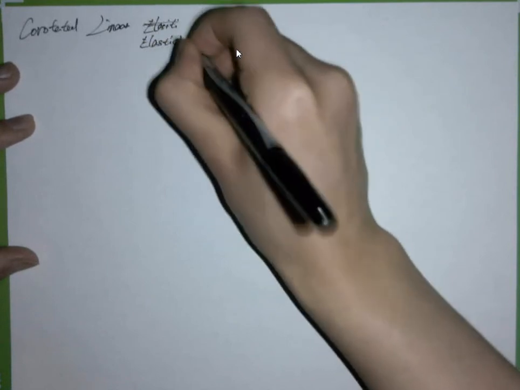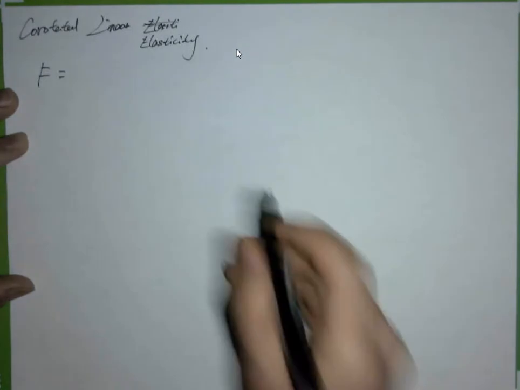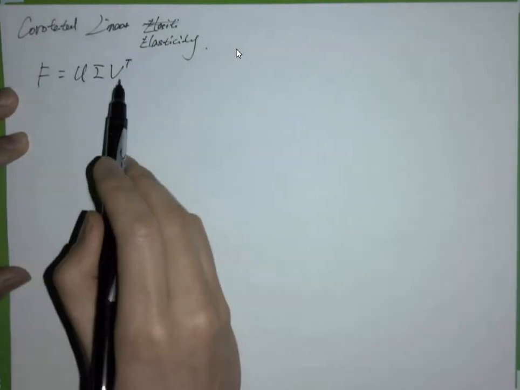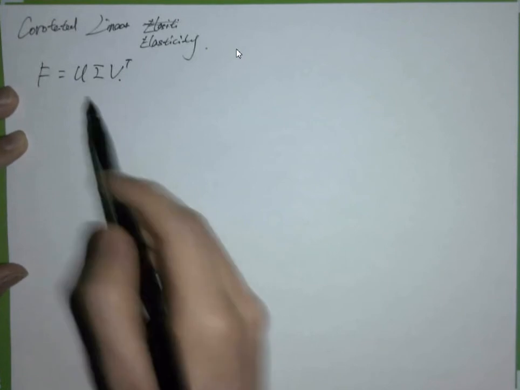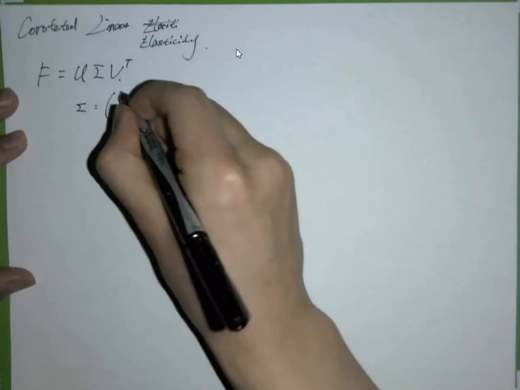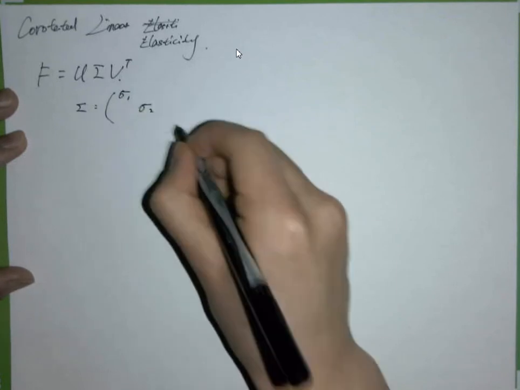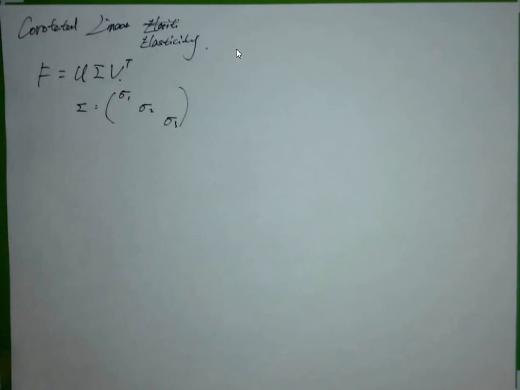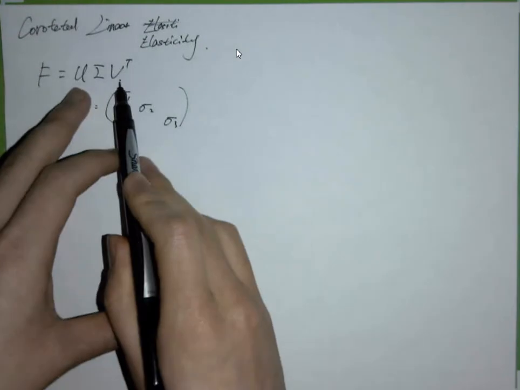Okay, given a deformation gradient F, I can compute the SVD out of it. I can compute U sigma V transpose, where both U and V are rotation matrices, and sigma is a diagonal matrix. Let's think about this sigma. Sigma equals sigma 1, sigma 2, and sigma 3. Those 3 values can be seen as scaling parameters after a change of basis operation.